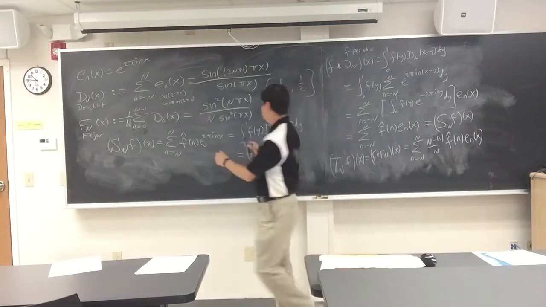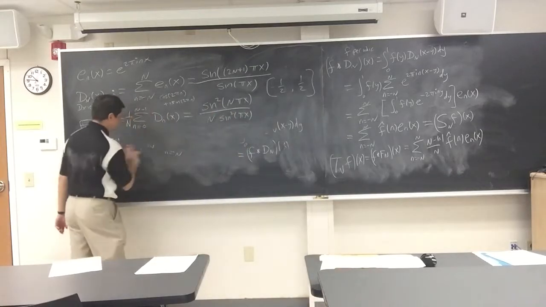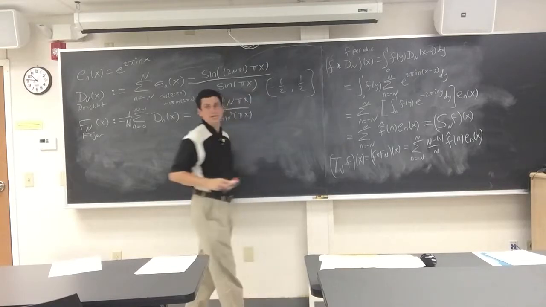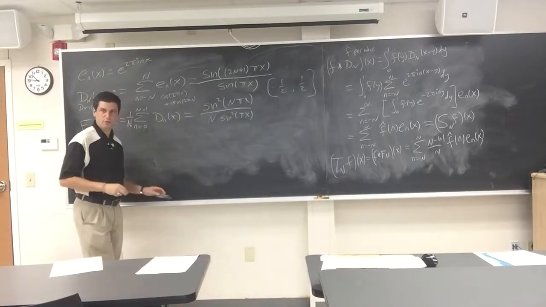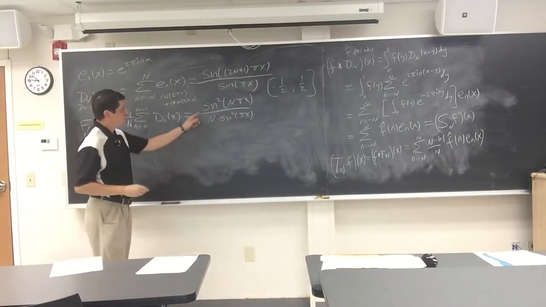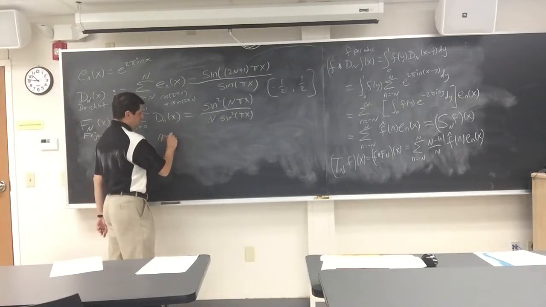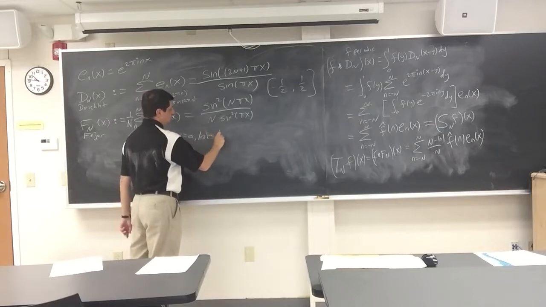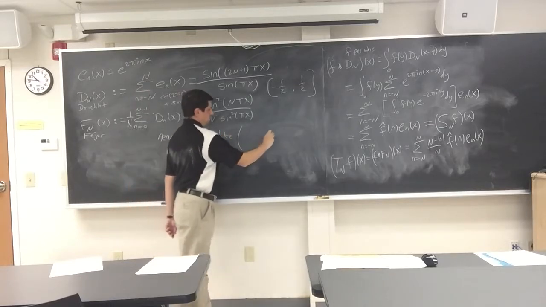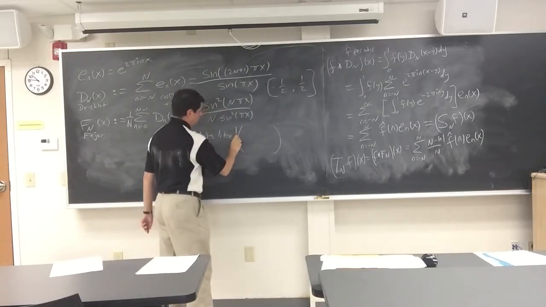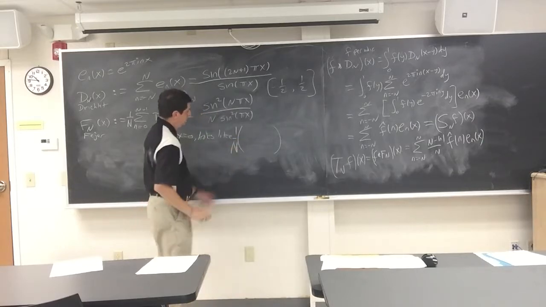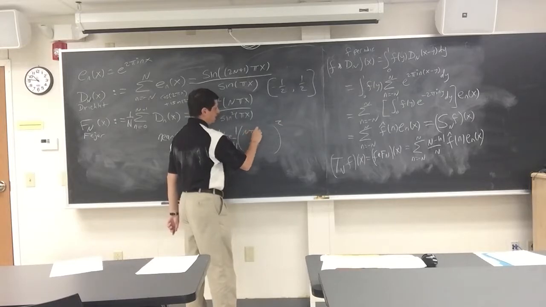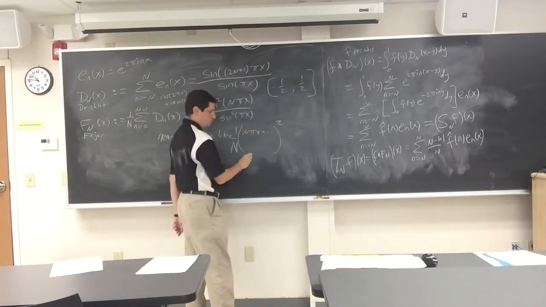Well, if I look at what's going on near 0, I can Taylor expand things. The sine of u is u minus u cubed over 3 factorial plus u to the 5th over 5 factorial. So near x equals 0, it looks like I have a 1 over n, then this over here is going to look like n pi x plus higher order terms.